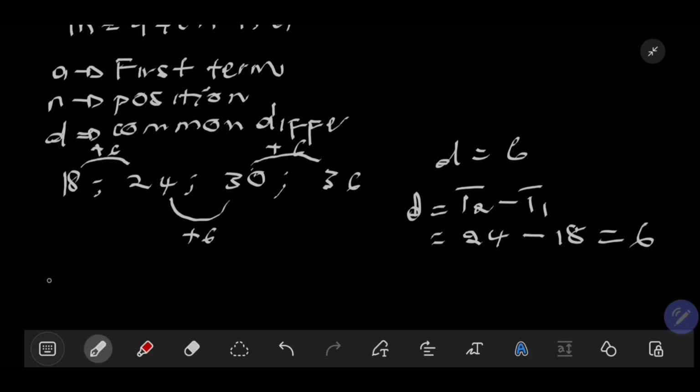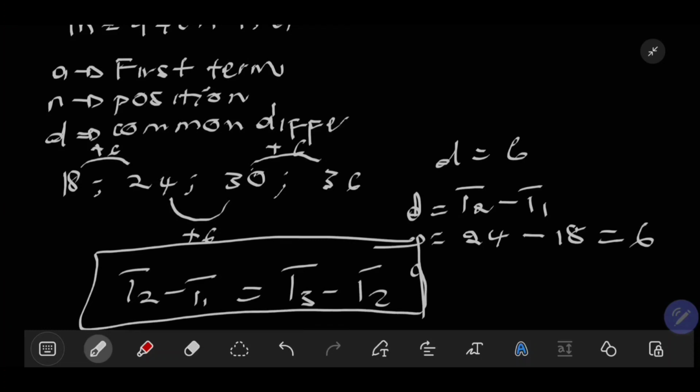Similarly, for confirmation purposes, D equals T2 minus T1, and it should equal T3 minus T2. To confirm that your D is really constant, you can use this formula. This is for confirmation purposes, and also when we are dealing with simultaneous equations, we will be using this formula.